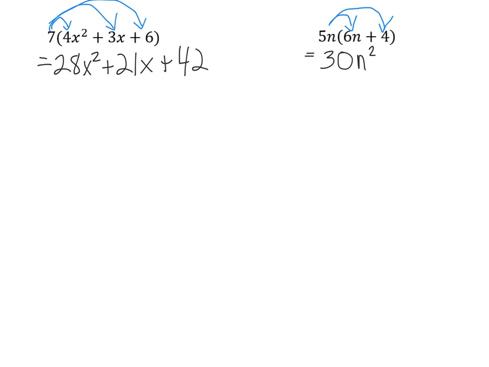Now if I'm doing a coefficient and a variable, as I am here, 5n times the constant, it's the same thing like I did back in this question over here, where I did 7 times 3x. I'm going to multiply the constant by the coefficient, and I'm going to keep the variable the same. So if I do that here, 5n times 4, that will give me plus 20n. And those questions are done.